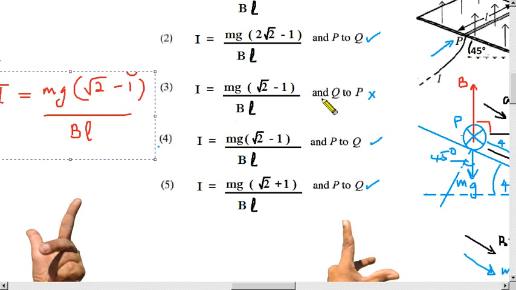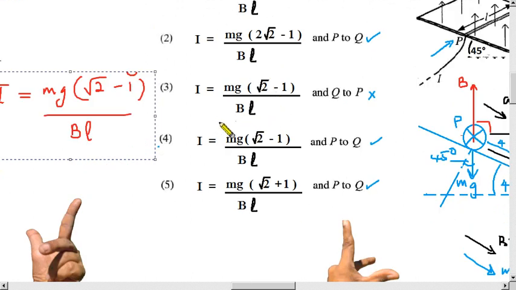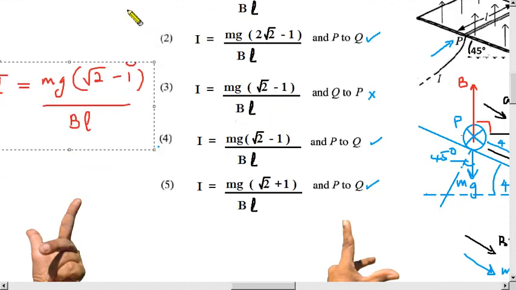This one has the wrong direction. Root 2 minus 1 is the fourth one. This one is plus, this one is 2 times root 2, and this one is plus again. It's wrong. So the answer is obviously the fourth one, root 2 minus 1 divided by BL.